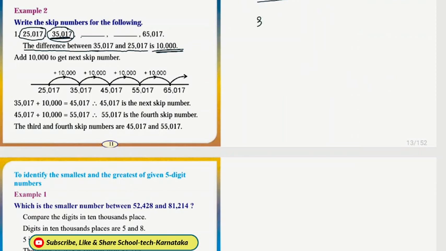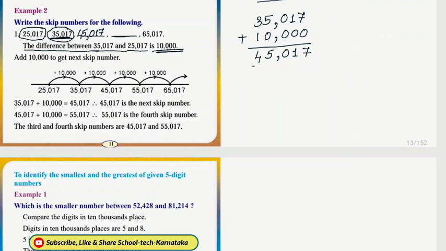So, we have 35,017 plus 10,000. What do we get? 7 plus 0 is 7. 1 plus 0 is 1. 0 plus 0 is 0. 5 plus 0 is 5. And 3 plus 1 is 4. So this number is 45,017. Now the same step for finding the next skip number.